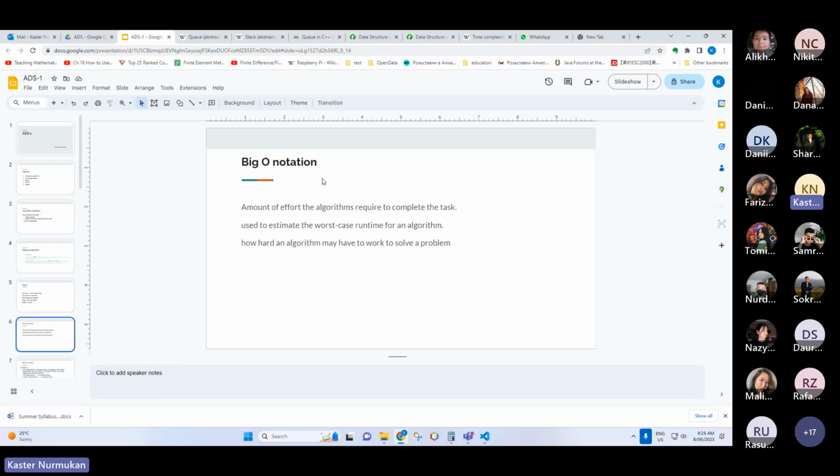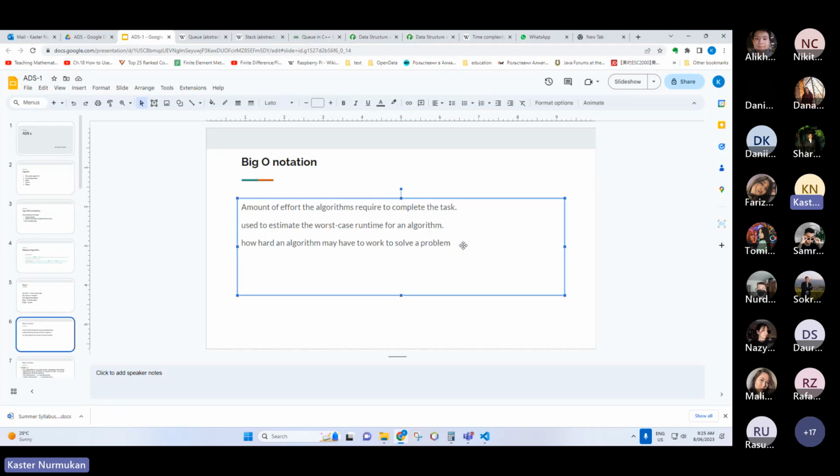Big O notation is the amount of effort an algorithm requires, the complexity of a task, used to estimate the worst-case runtime of an algorithm: how hard an algorithm may have to work to solve the problem.